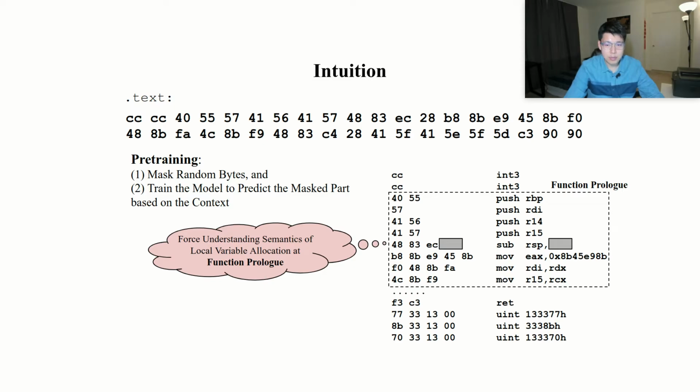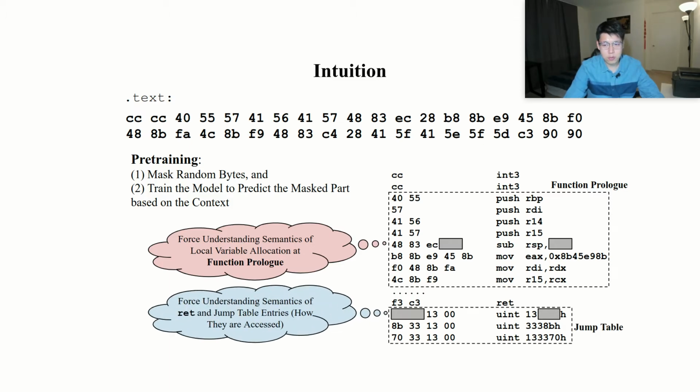Now consider the jump table example shown in the bottom, where we mask out the partial jump table entry 77 and 33. In order to predict the masked bytes, the model is forced to distinguish inline data from code.